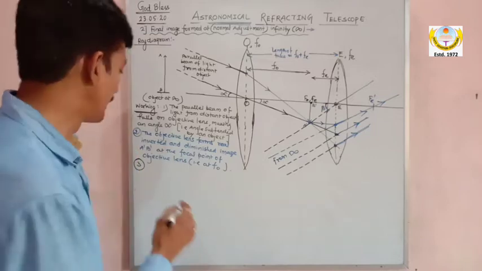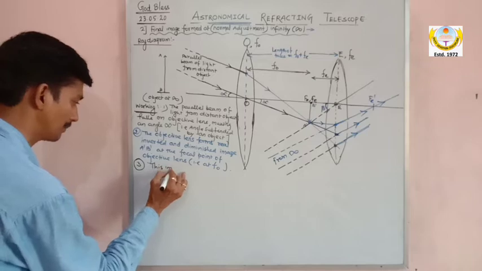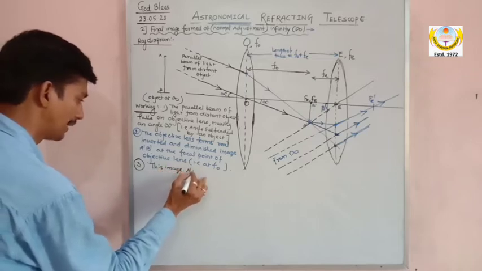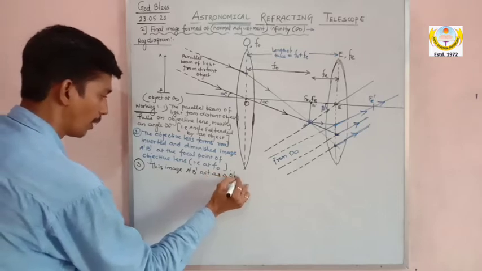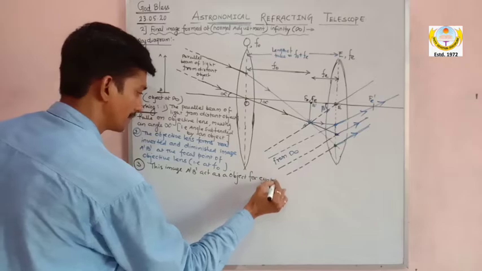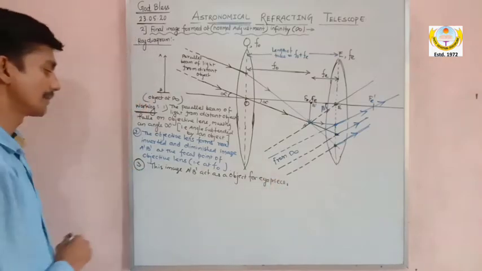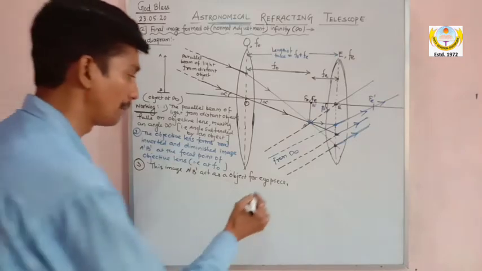That's all. So my dear, here this image A dash B dash acts as an object for the eyepiece.